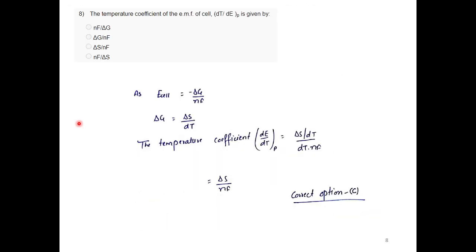So here, now this one, the temperature coefficient needs to be found. So you need to find dE/dT at constant pressure, that is the temperature coefficient.